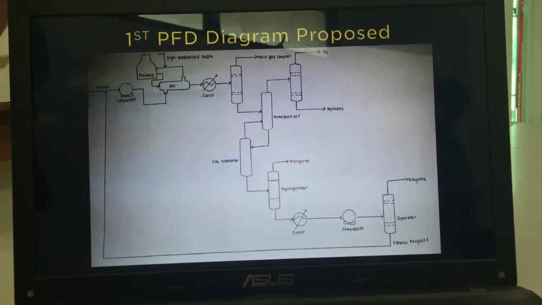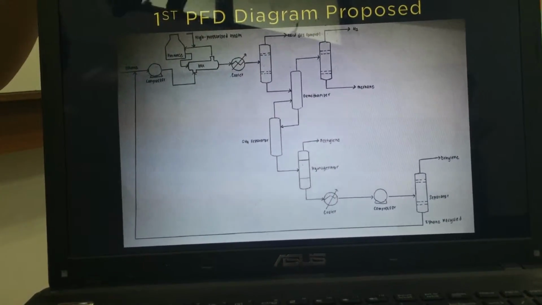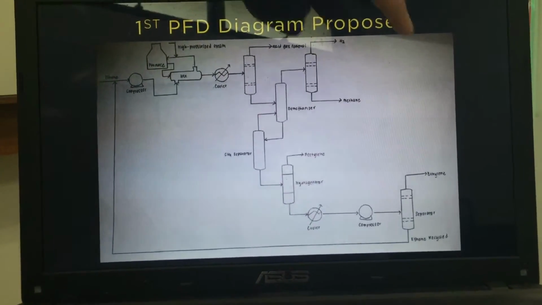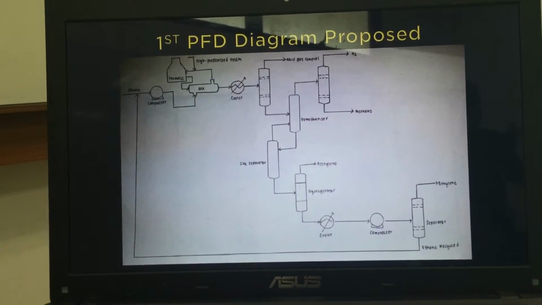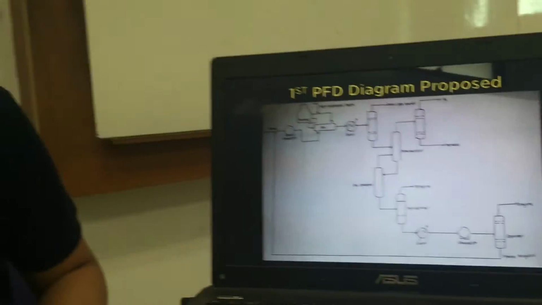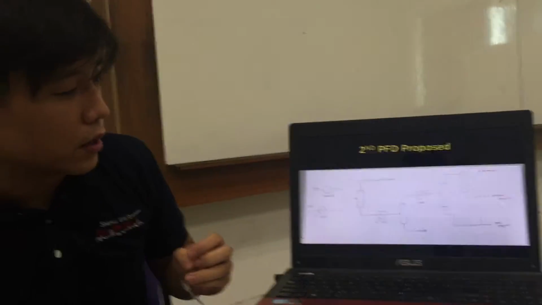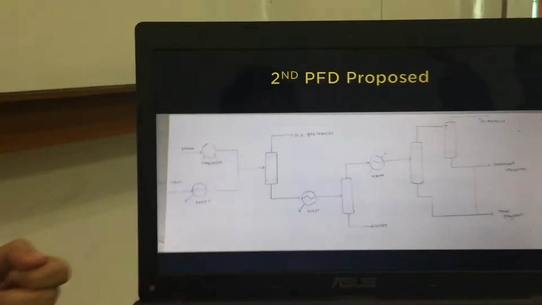The first PFD itself is very similar to the reference. Same thing, the main reaction is in the furnace, which is pyrolysis, followed by the whole separation process with a few columns. But we found out that once we put these into HYSYS, the software, it's getting very, very hard. So we simplified further to this second proposal, which is pretty simple.